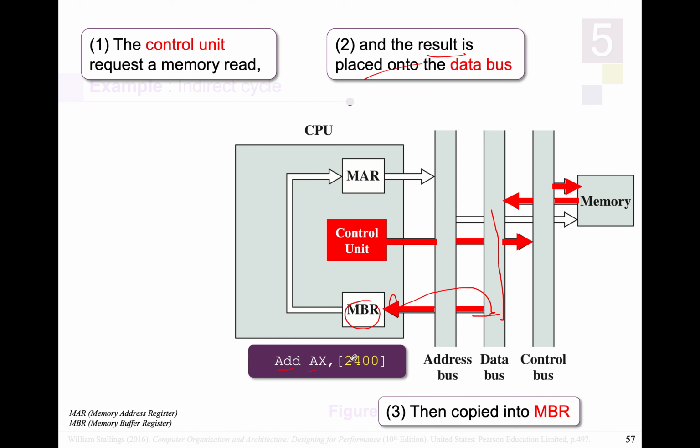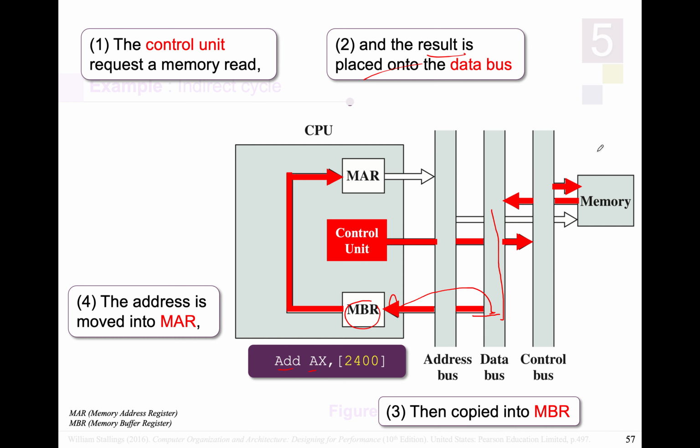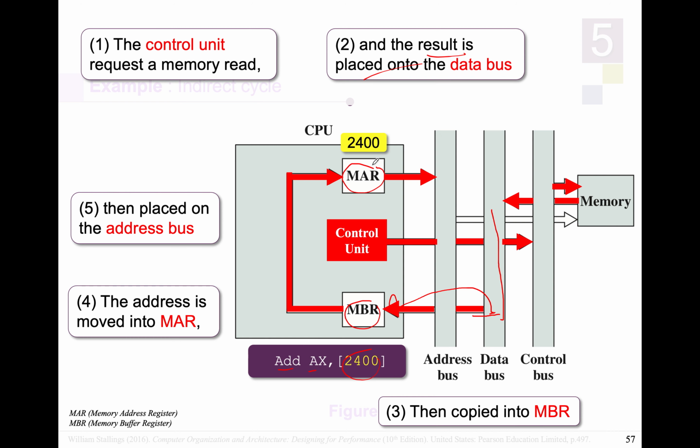At AX 2400, this value is inside your memory. The address is moved into your MAR. So this address will be moved into your MAR, then placed on the address bus. You can see it's going to be placed back onto your address bus over here.